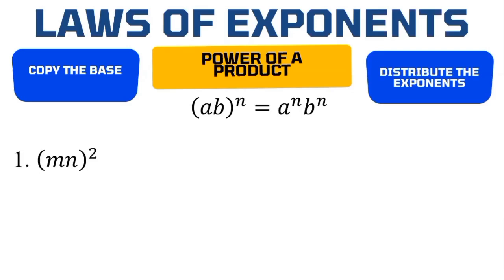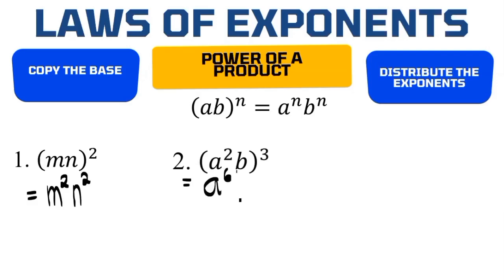Example, the quantity mn raised to 2 is equal to m squared n squared. Second example, the quantity a squared b raised to 3 is equal to a raised to 6, b raised to 3. Okay? You are distributing the exponents by simply multiplying them.